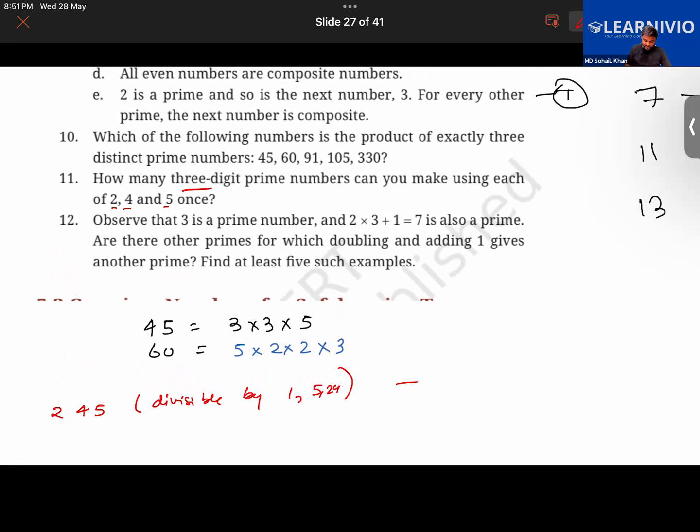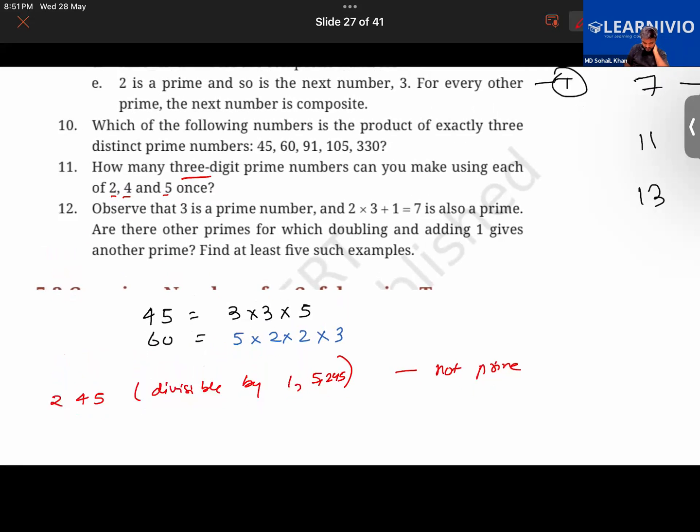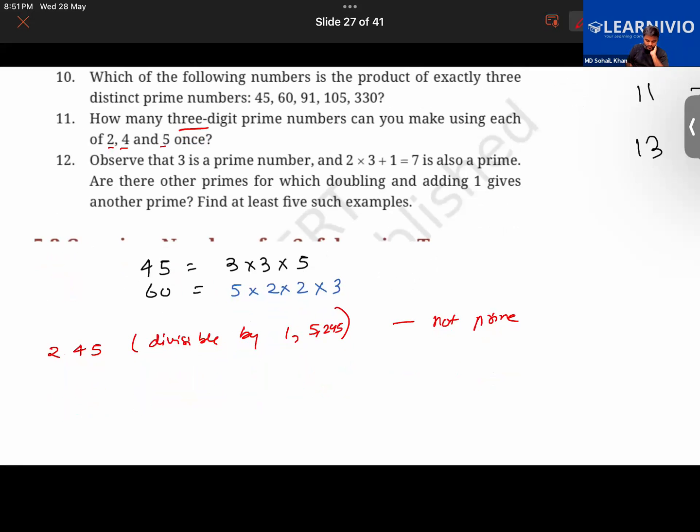Next, suppose I write 254. Again it is divisible by 2. Getting it, everyone? Yes. It's basically an even number. So divisible by 1, by 2, by 254, by 127, etc. So hence not prime.